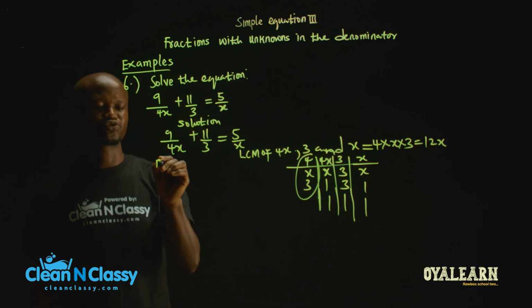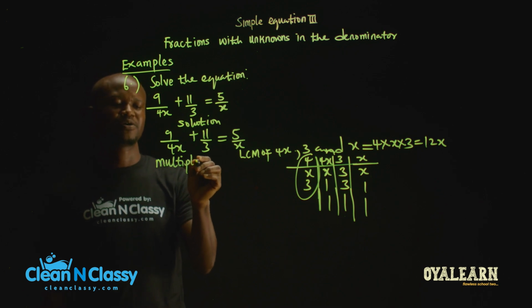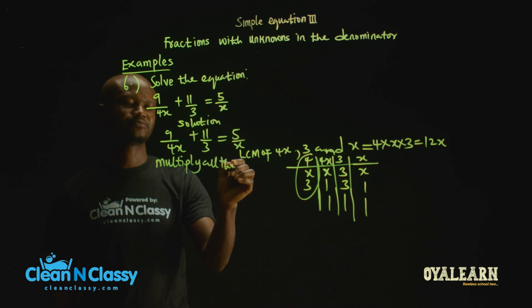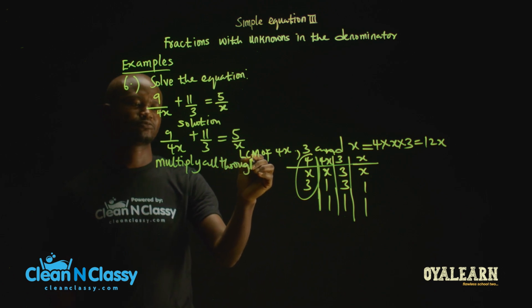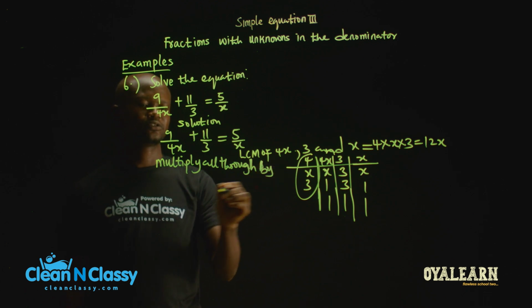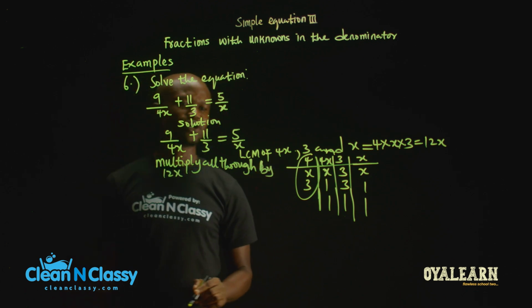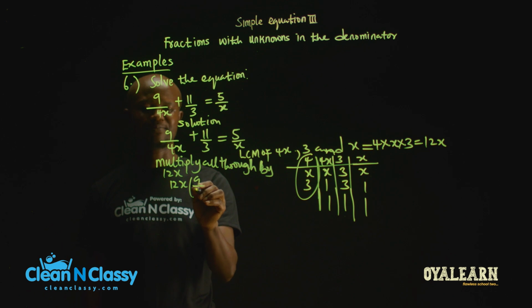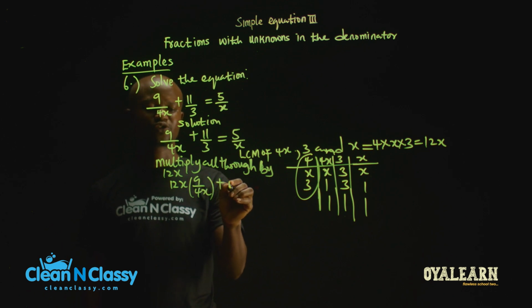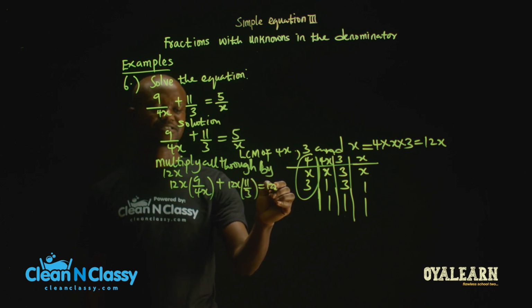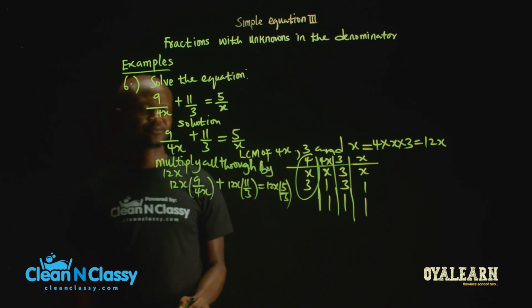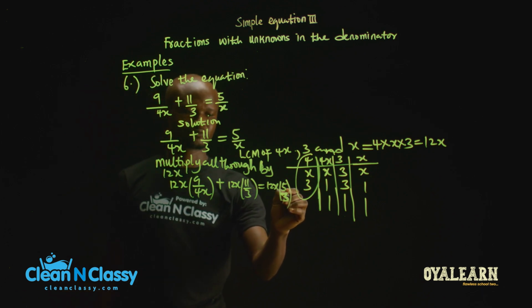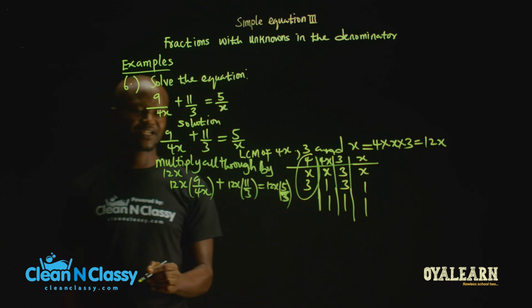Now we multiply all through by 12x. Multiplying all through by 12x, we have 12x times 9 divided by 4x plus 12x times 11 divided by 3 equals 12x times 5 divided by x.